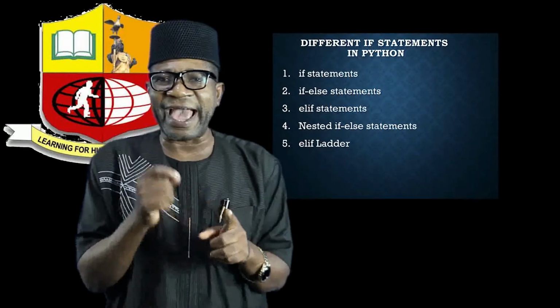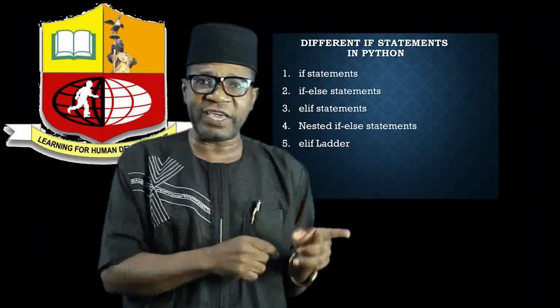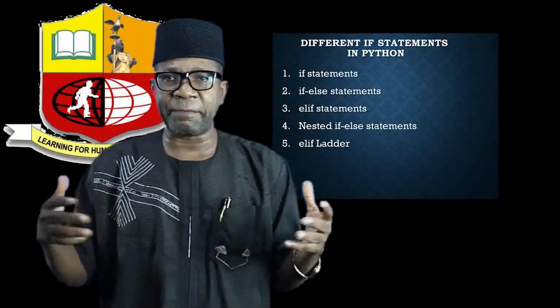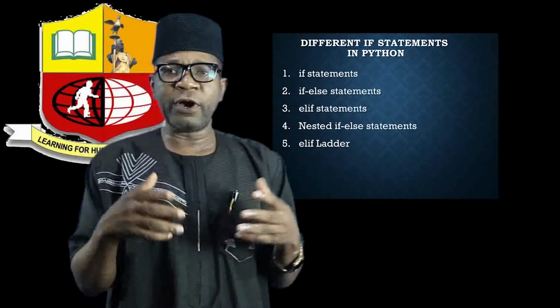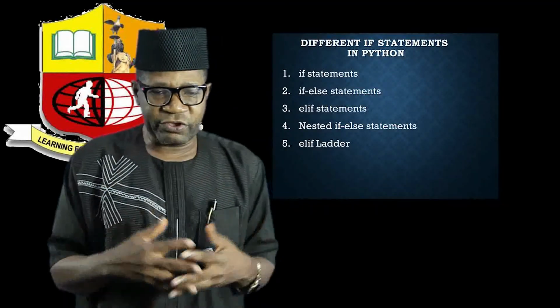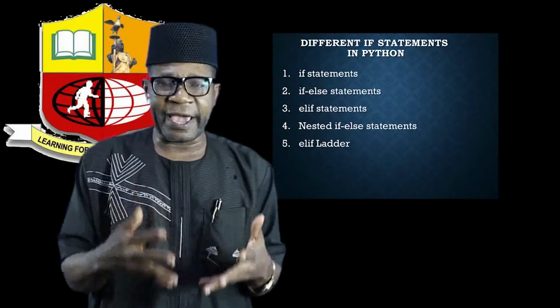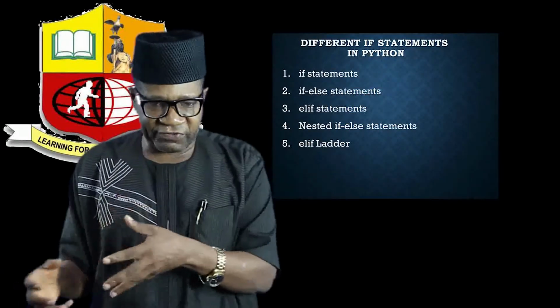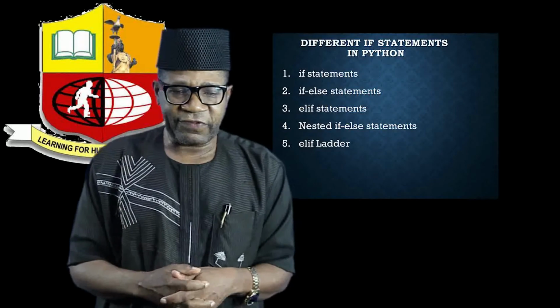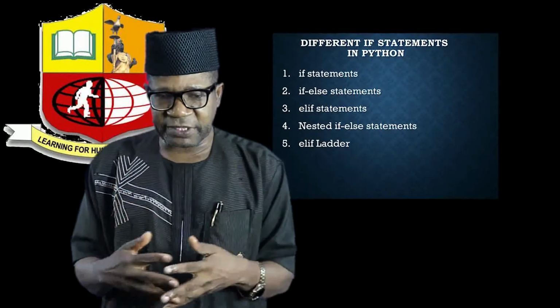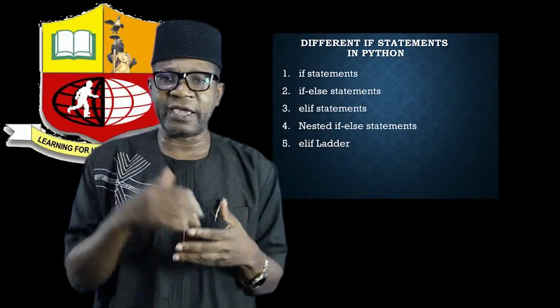Mind you, I said elif, not else if. Else if is used in other programming languages like Java, but in Python, we call it elif, E-L-I-F, elif statement. Number 4 is nested if else statement. And lastly, elif ladder.